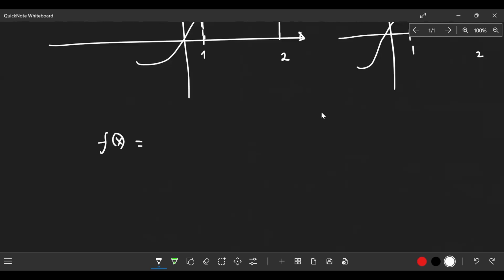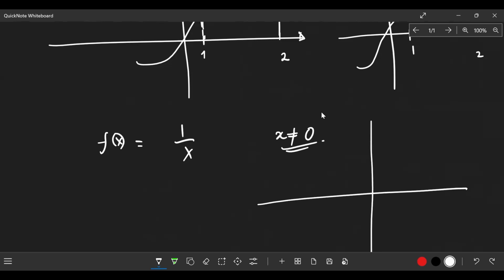If you have a function which is a fraction, with x in the denominator, check very well. For example, 1 over x: this function is continuous for all values of x except what? x equal to 0. This is why the 1 over x function never touches the y-axis, and never touches the x-axis.